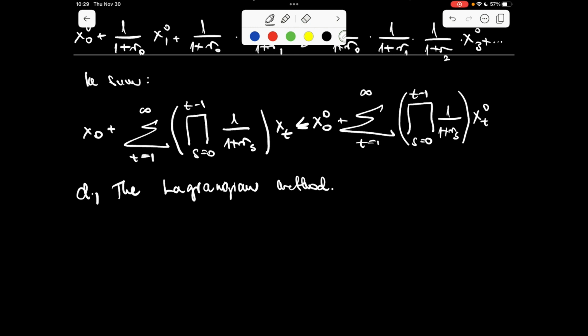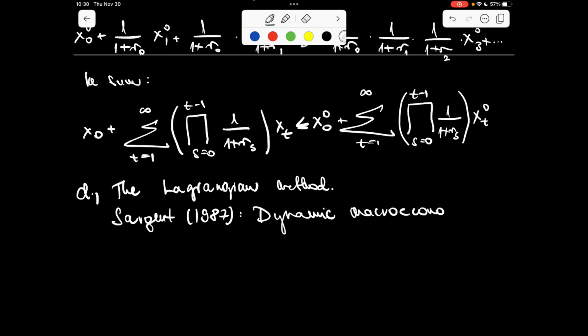This method is not frequently used in the textbook and in the exercises, so I urge you to check Tom Sargent's 1987 textbook entitled Dynamic Macroeconomic Theory, especially around page 14.